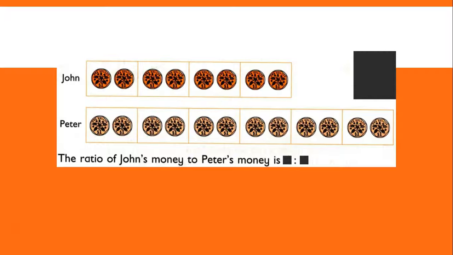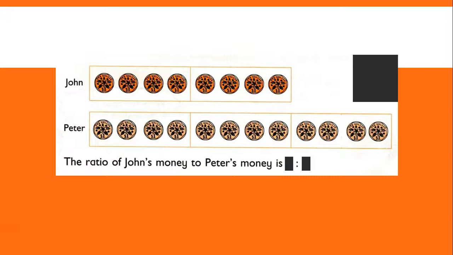Now that we have distributed them again, the ratio of John's money to Peter's money is 4 is to 6. Who got it right? Now that we have regrouped them, the ratio of John's money to Peter's money is 2 is to 3. Check to see if you have the correct answer.